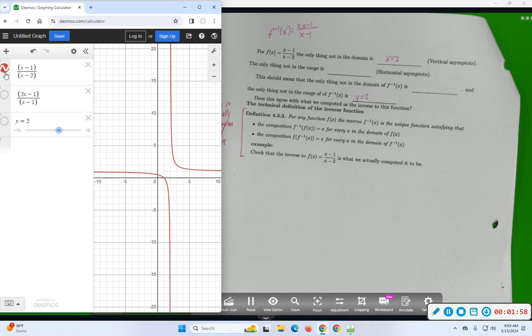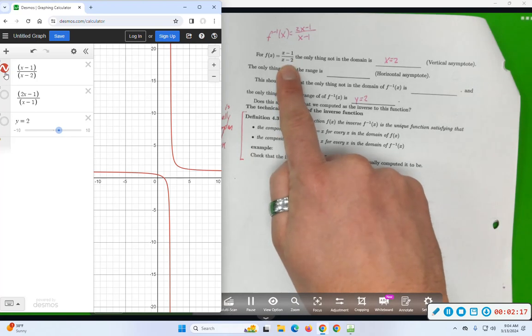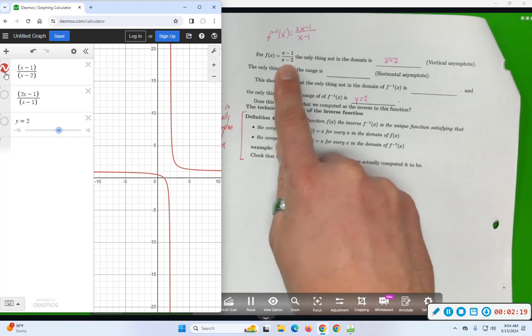So looking at that graph, it looks like the only thing not in the range is the location of that horizontal asymptote. Where is the horizontal asymptote of this? Let's do the quick check. So forget about the graph for now.